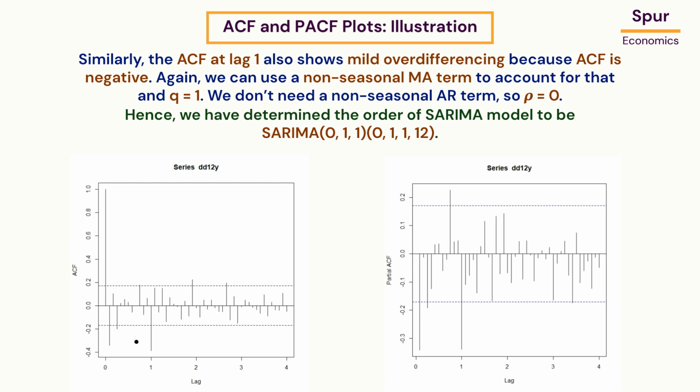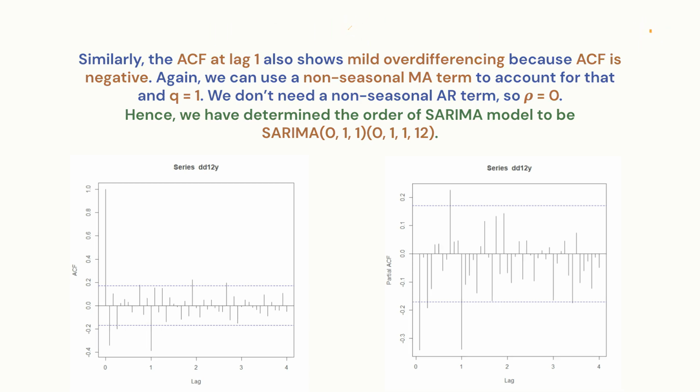Similarly, the ACF at lag 1 also shows mild overdifferencing because the ACF is negative. Again, we can use a non-seasonal MA term to account for that, and Q is equal to 1. We don't need a non-seasonal AR term, so p is equal to 0. Hence, we have determined the order of the SARIMA model to be (0, 1, 1) by (0, 1, 1).